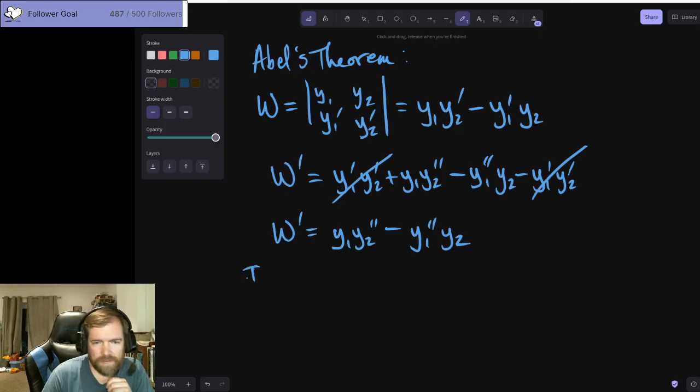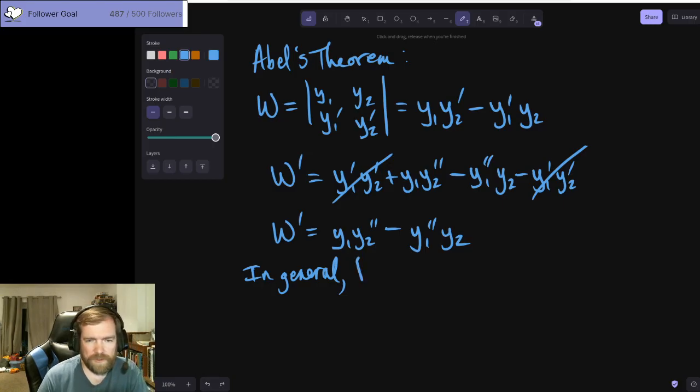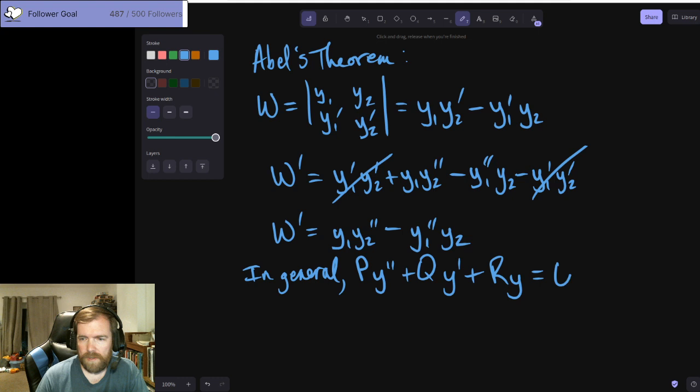In general, we have our differential equation. There's two forms that our differential equation usually comes in. Capital P y double prime plus capital Q y prime plus R y is equal to usually 0, at least when you're doing the homogeneous version, and that's all we're going to talk about here.